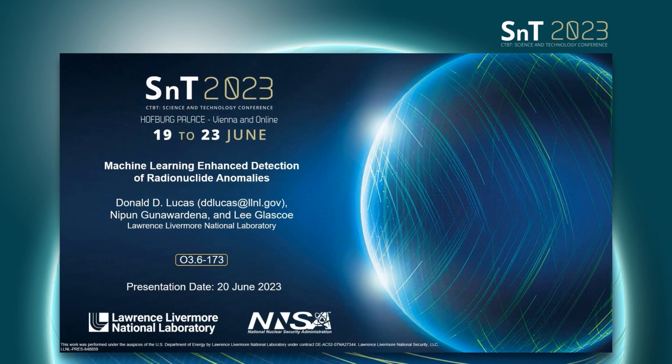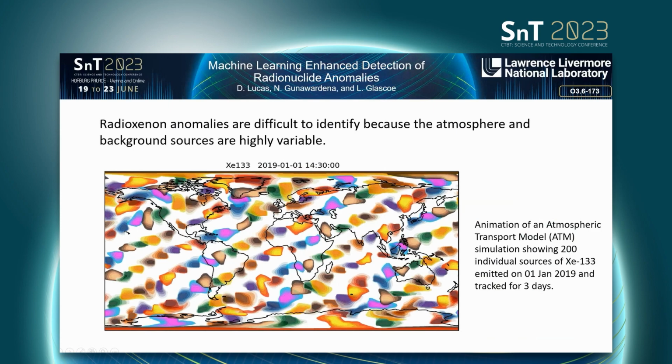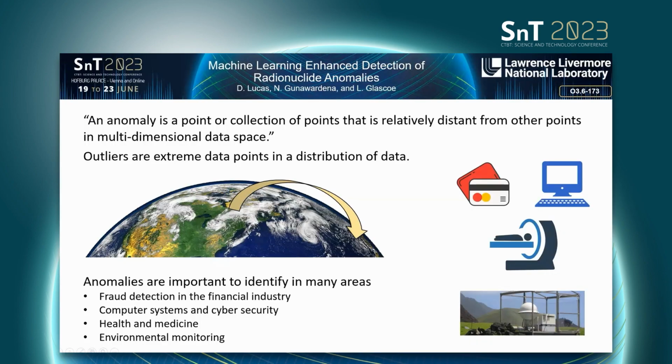All right, so I basically want to introduce you to how machine learning can be helpful for identifying anomalies in radionuclide data. There we go.